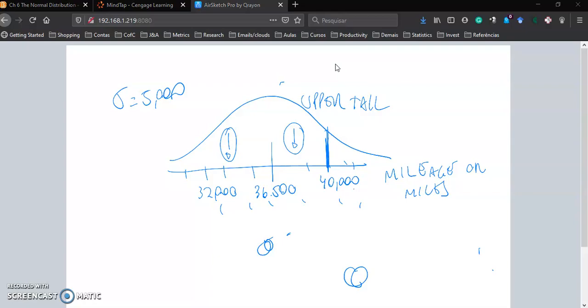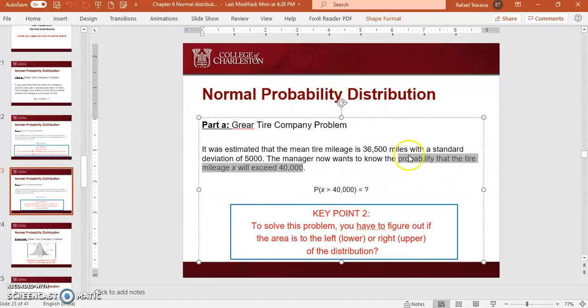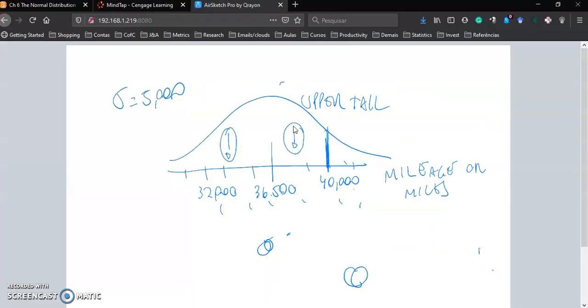Again, let's take a look at the problem. It says, what's the probability that the tire will exceed 40,000? What I'm really interested in is this area, this tail, because it is the probability that it's going to be higher than 40,000 miles. We're going to learn how to solve this problem using Excel.